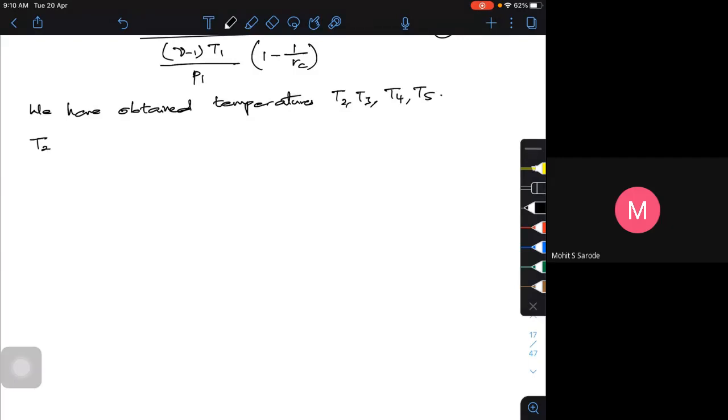So what is T2? T2 is equal to T1 Rc to the power of gamma minus 1. What is T3?